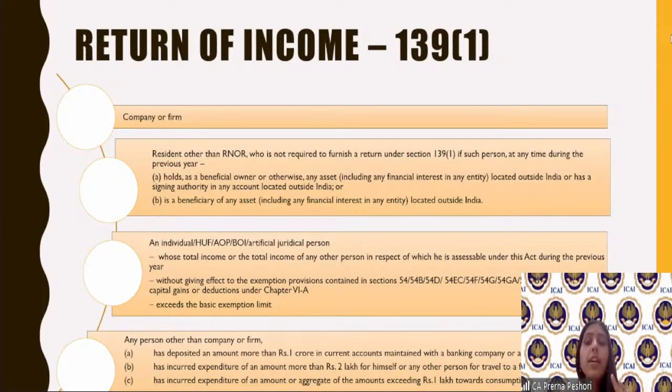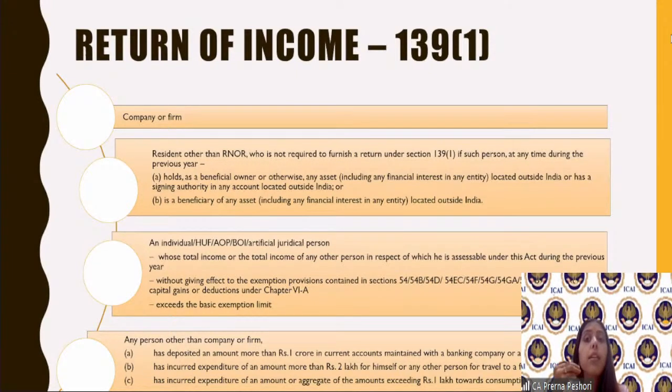Or if they have incurred an expenditure of rupees 2 lakhs on travel to a foreign country, either for themselves or for any other person. So say for example, if my father would have incurred rupees 2.5 lakh for my travel to a foreign country, he would be mandatorily required to file the return of income even if his income is less than the basic exemption limit.